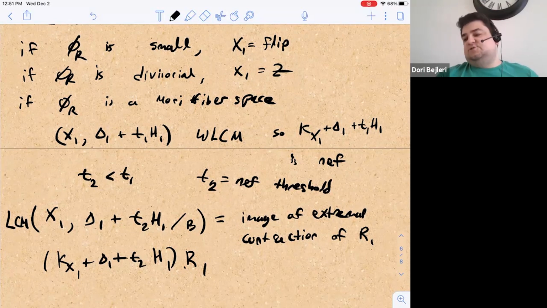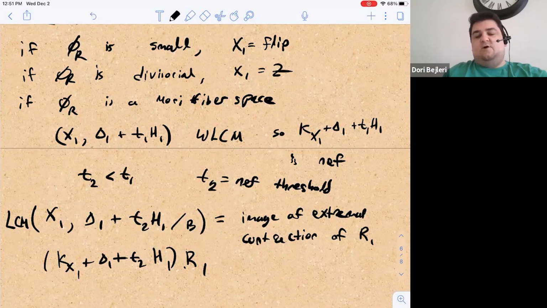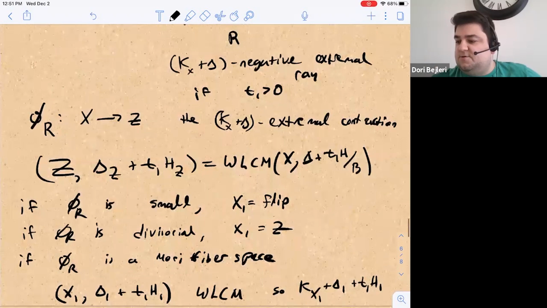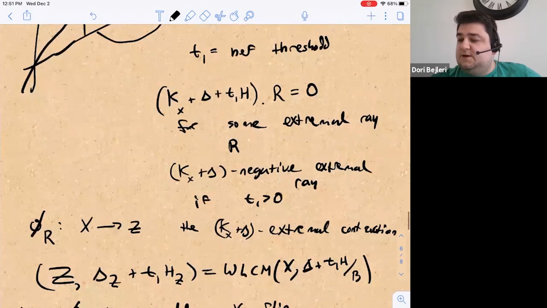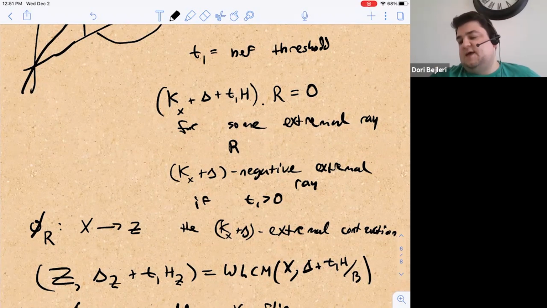And then there's the issue that if H1 isn't ample, we don't know for sure that when you hit the nef threshold, you're actually cutting out a KX plus delta negative extremal ray. Because the way that we knew that up here was because H.R is strictly bigger than 0. So when we hit the nef threshold, KX plus delta has to be strictly less than 0, because we're assuming that the threshold is above 0.